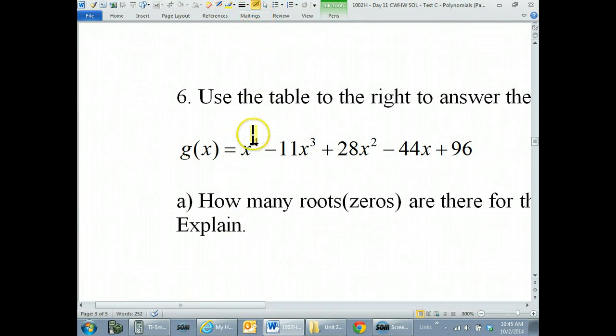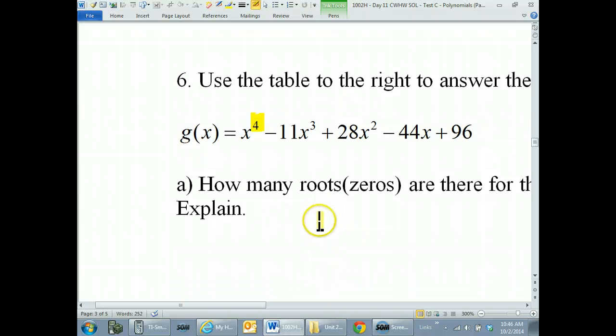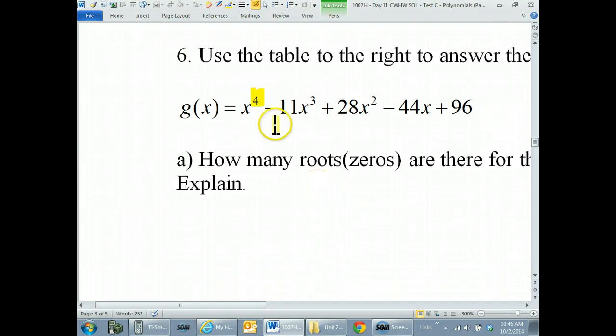Ah, the fundamental theorem of algebra says the number of zeros, if we count any repeated zeros, should match the degree. So the correct answer is 4. There should be 4 zeros.